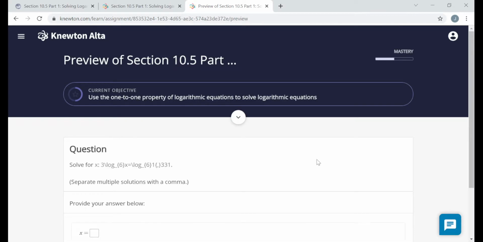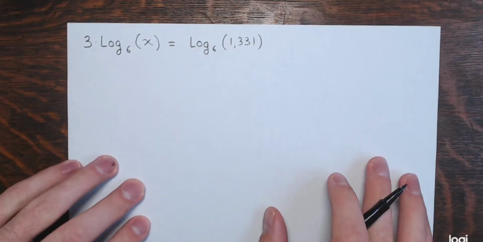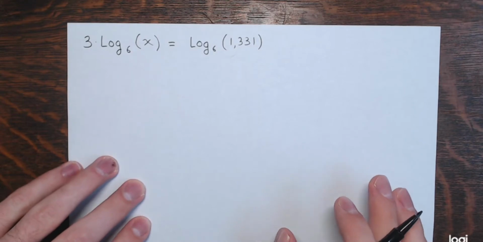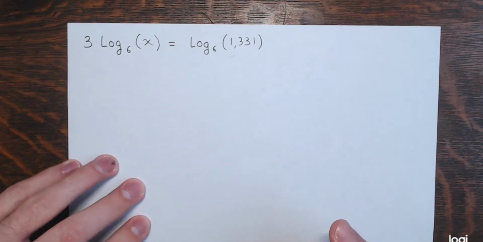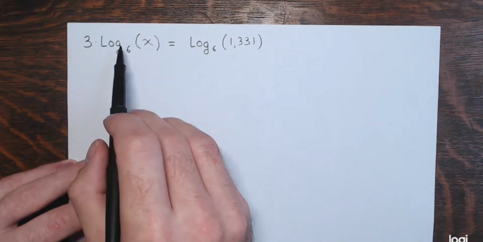All right, so now we've been using the one-to-one property all the time here, but we're just asked to use it again. Very similar to a couple questions we've seen in the same objective. Both sides have a log, but not just a log by itself.